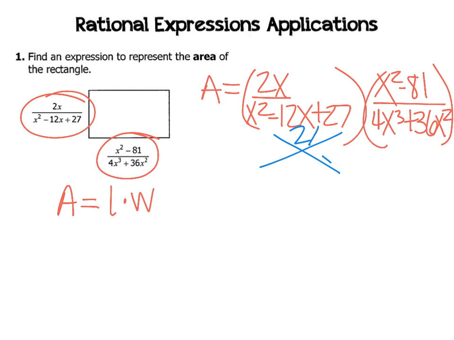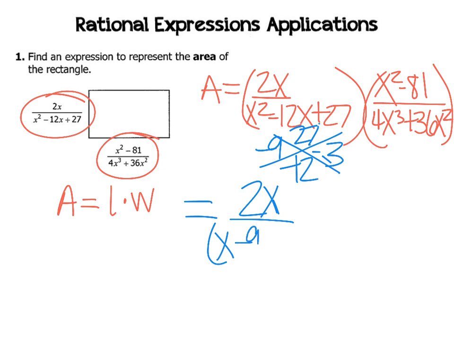So two numbers that multiply to 27 add up to negative 12. That's going to be negative 9, negative 3. So when we're factoring this first rational expression, still have 2x on top. On the bottom, we've got x minus 9, x minus 3.